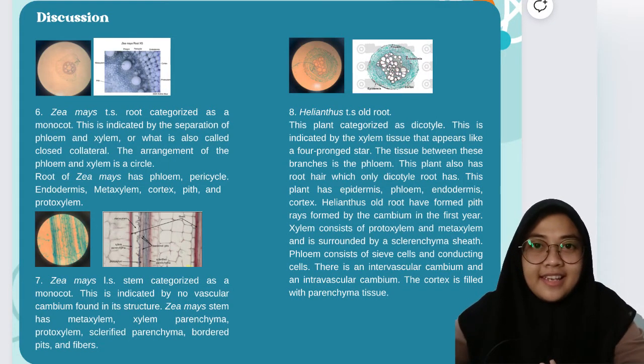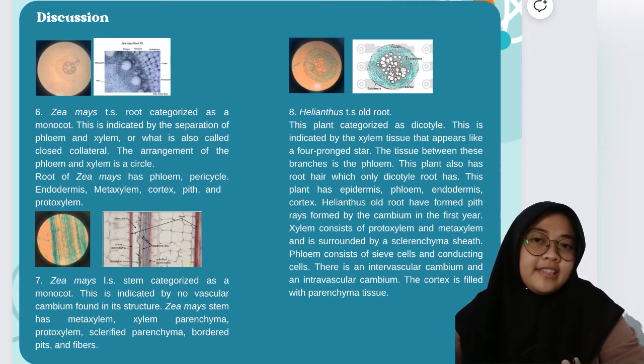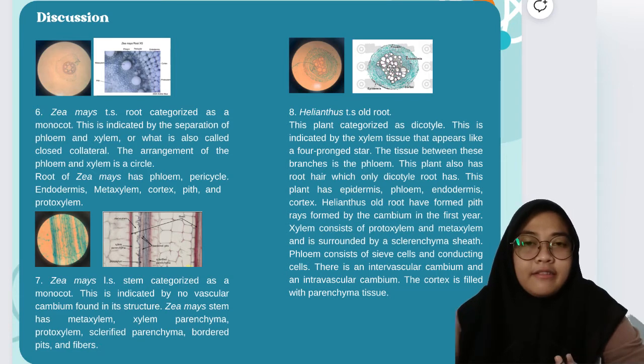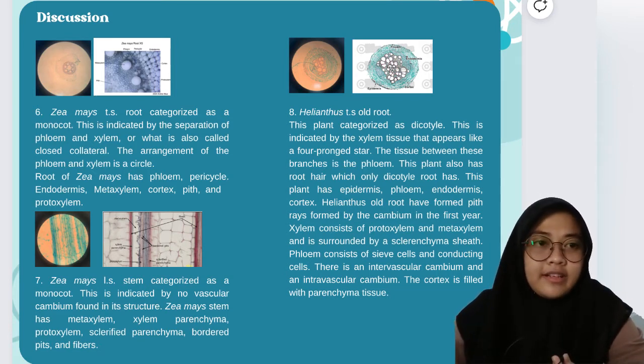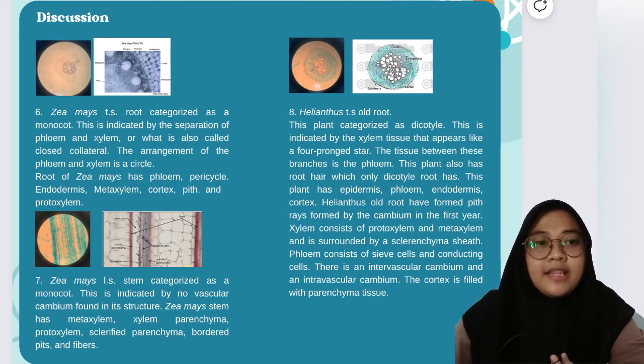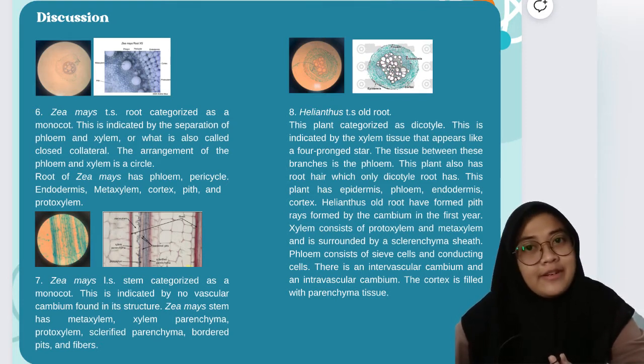Okay, next is zeamice longitudinal section stem, and it's categorized as monocot. This is indicated by no vascular cambium found in its structure, and the zeamice stem has metaxylem, xylem parenchyma, protoxylem, sclerified parenchyma, bordered pith, and fibers.